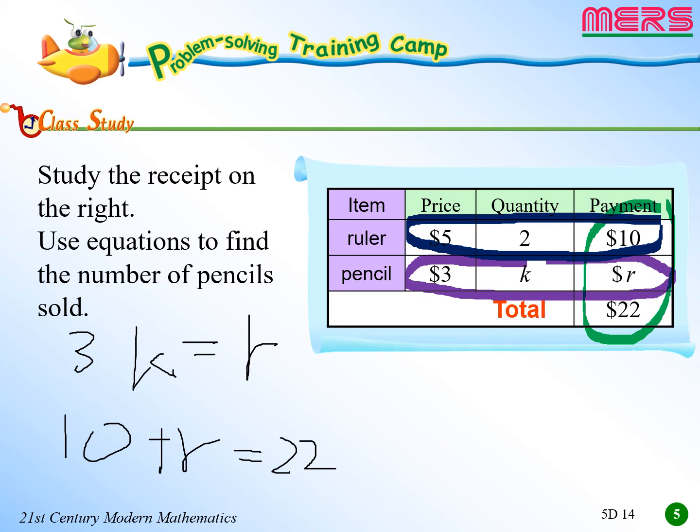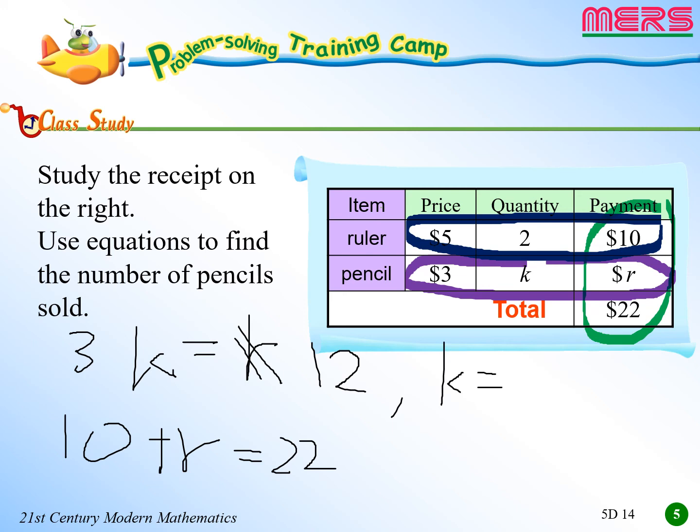R equals 12. So after knowing that R is 12, we can put it back. So we can set another equation, 3K equals 12. And then we know the value of K by dividing by 3.